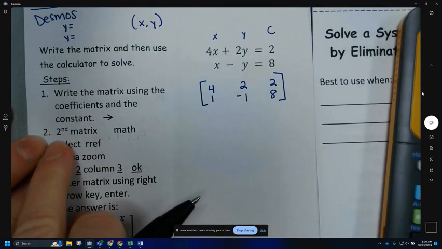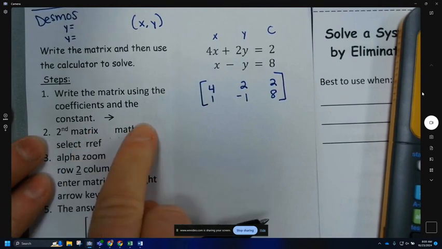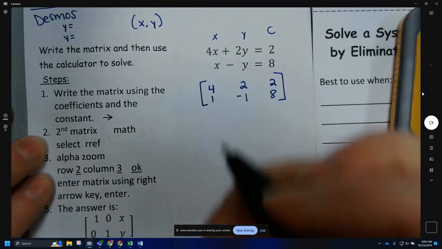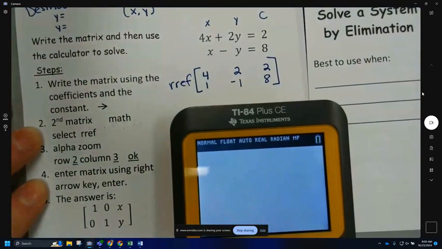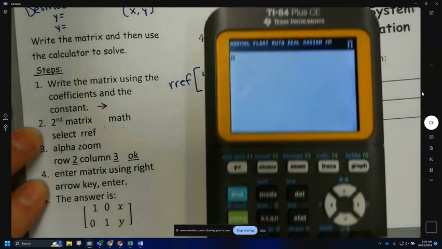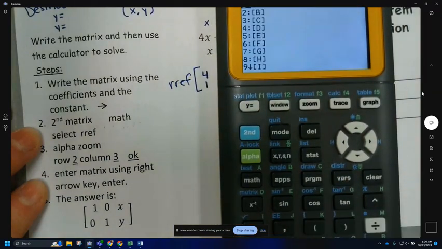Step 2, in the calculator, go second matrix, math, select RREF. So we're going to do this RREF. Okay, so second matrix, which is found right here.